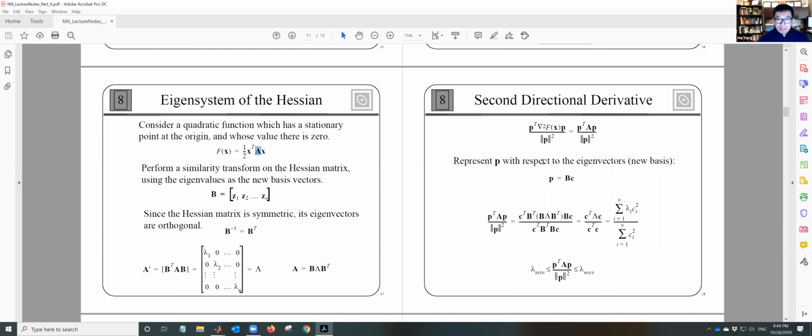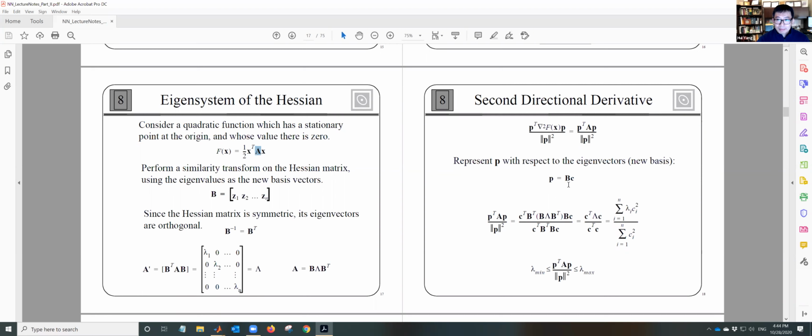Now we replace P with the eigenvector. Eigenvector is the basis function right here. Now we represent P with respect to the eigenvector.